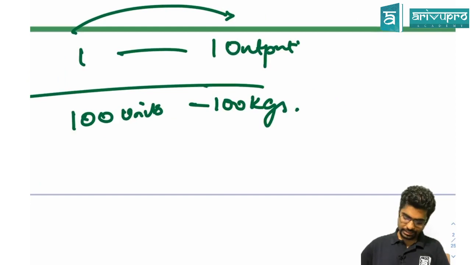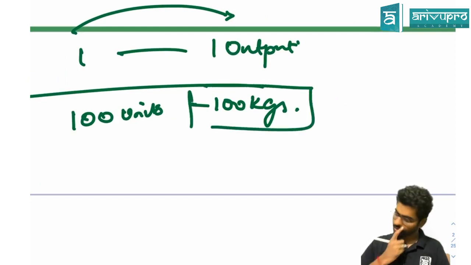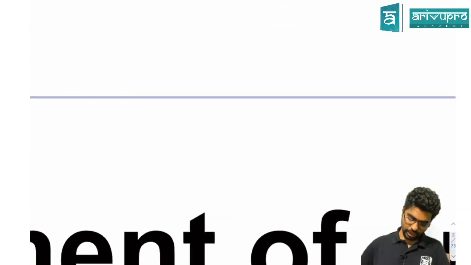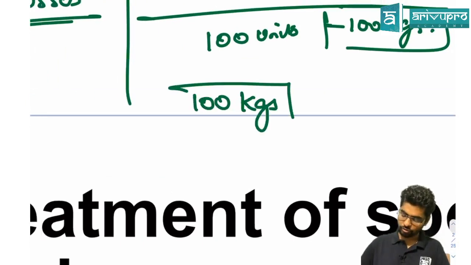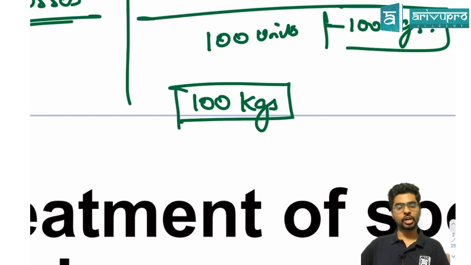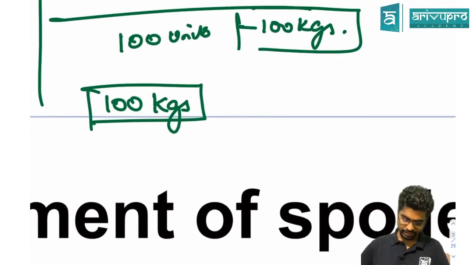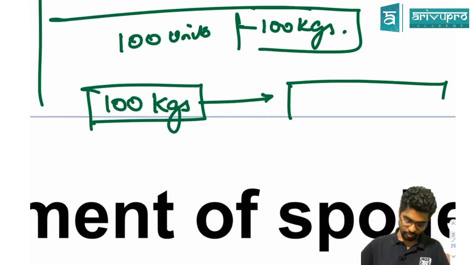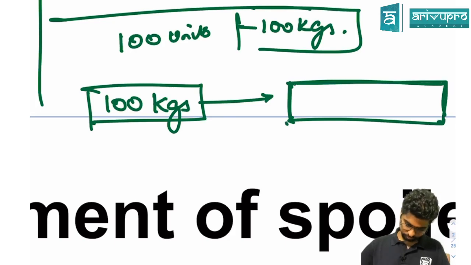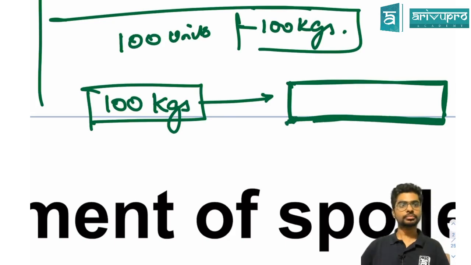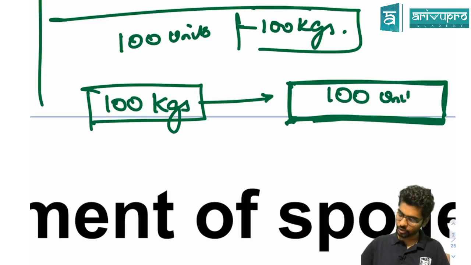Now, let's say this 100 kgs. I used 100 kgs of raw material. This 100 kgs of raw material, my output should be 100 units.